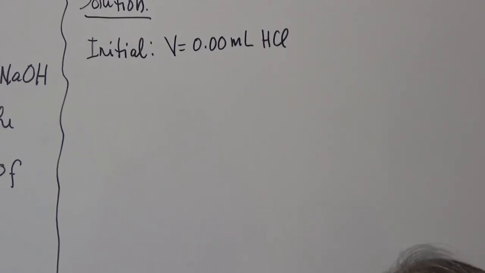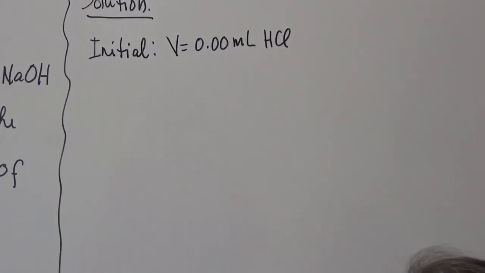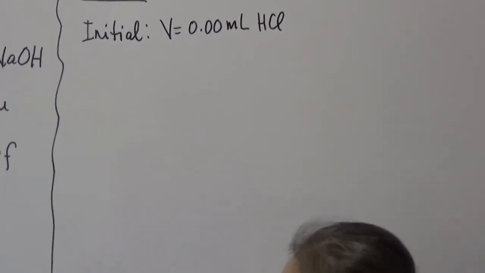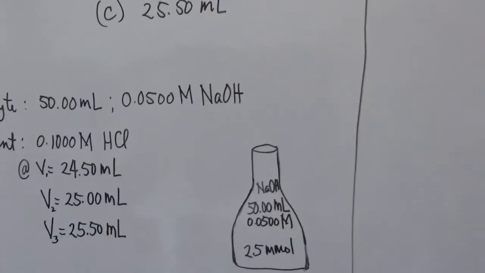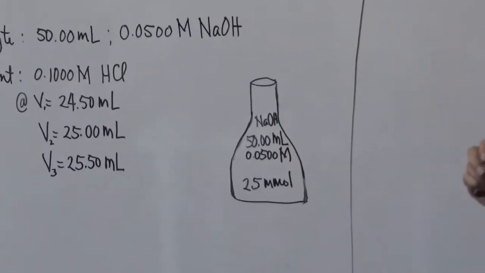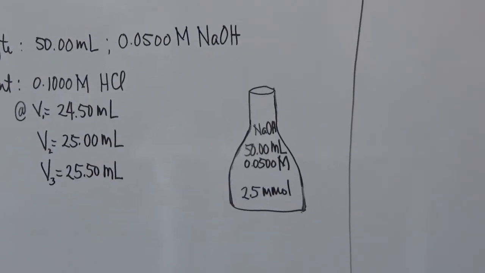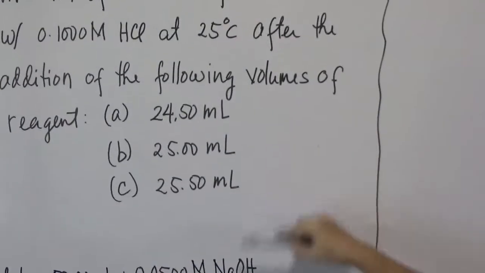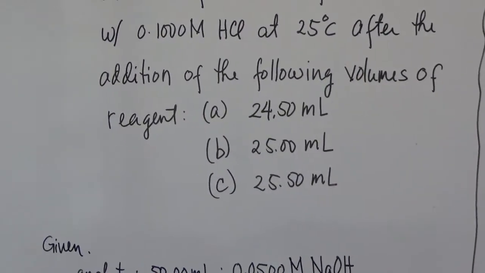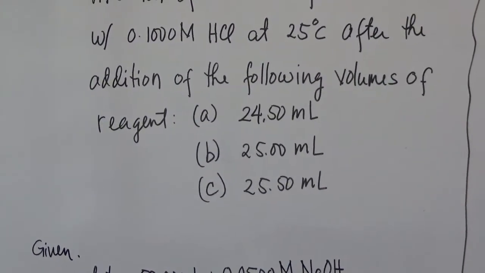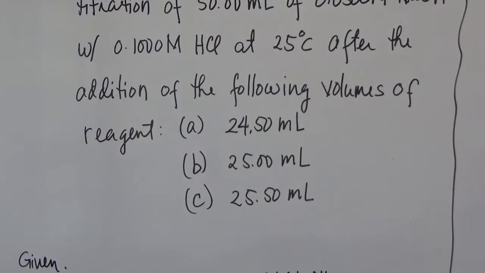The purpose there is to determine the pH of the analyte, and at the same time, the amount of the analyte in terms of millimole or moles. Since we have ml here as volume, we will compute the amount of the reactant, sodium hydroxide, in terms of millimole.